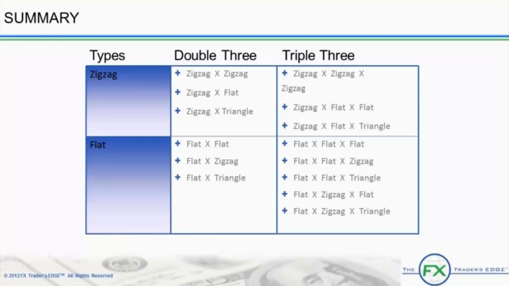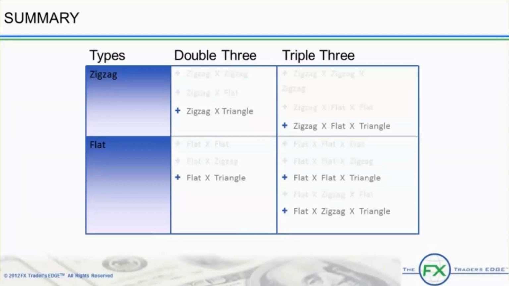Triangles do occur in combinations. However, they always end the final wave in a double or a triple three. Also, there is never more than one triangle in a combination. These are examples where triangles occur in combinations. A zigzag double three can start with a zigzag and end with a triangle.